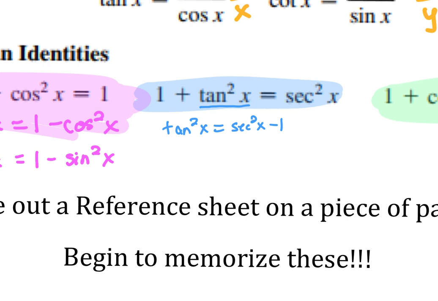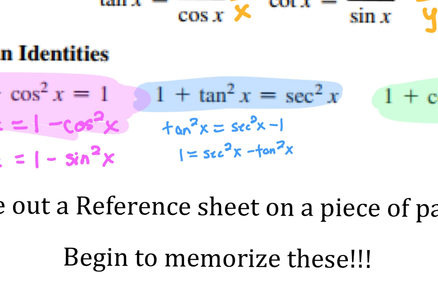The other alternative form looks kind of strange, but think about it. We could get the 1 by itself and get the secant and the tangent together on the other side. So we could also say that 1 is equal to secant squared x minus tangent squared x. So if at some point you see secant squared x minus tangent squared x, right away you should be able to say, oh, I know from Ben's identity that that is equal to 1.